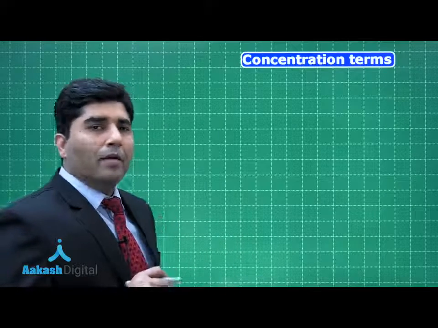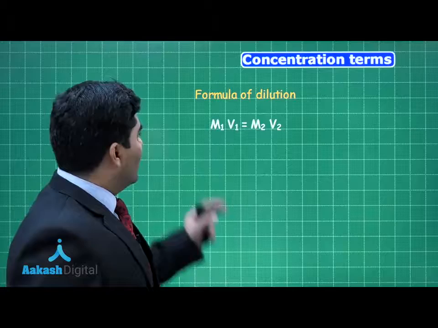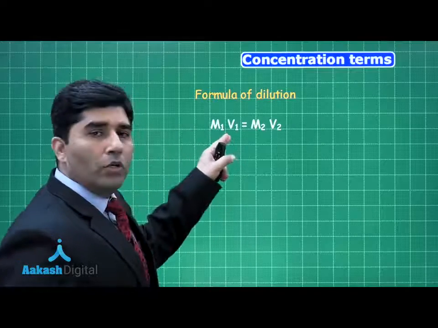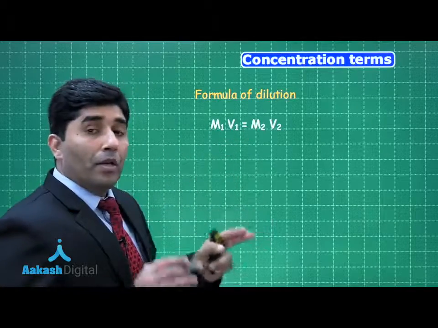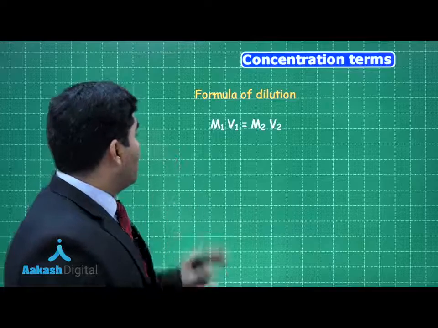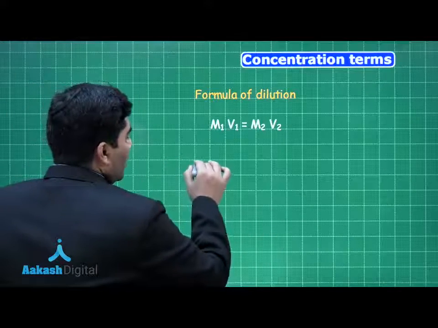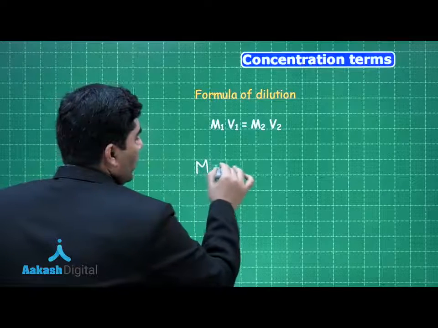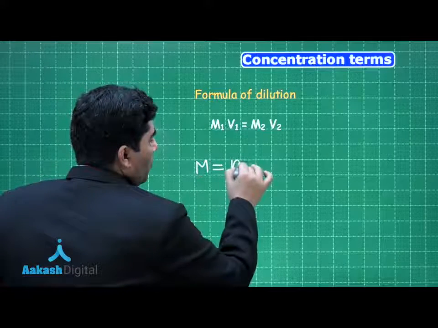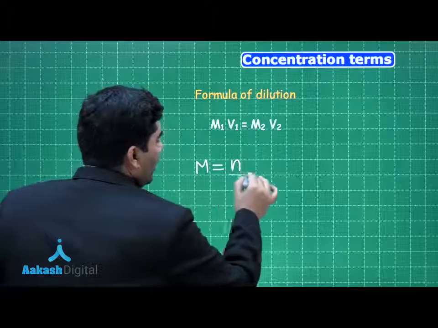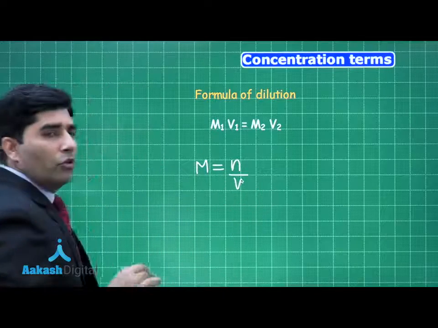For that, there is a formula of dilution, which is M1V1 is equal to M2V2. Now, where does this formula come from? We know that molarity is equal to the number of moles of solute divided by the volume of solution.